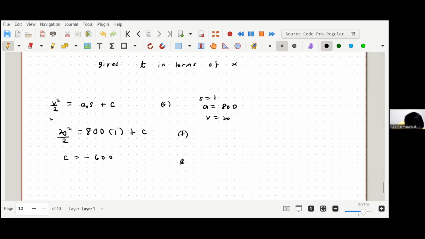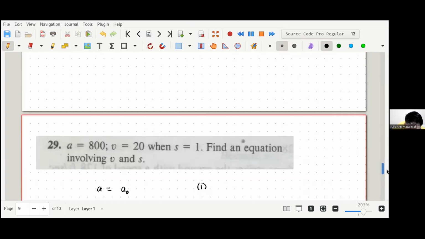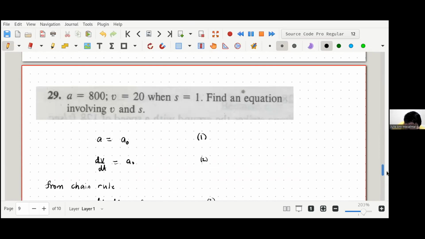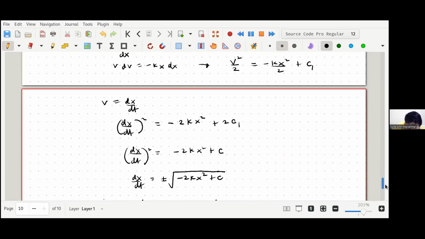So, makukuha natin, V square over 2 is equal to 800S minus 600. So, yung problem na ito, find an equation involving V and S. Ito yung sagot.